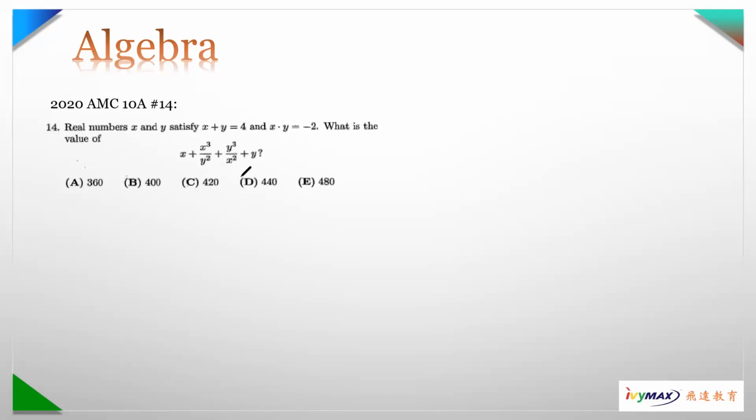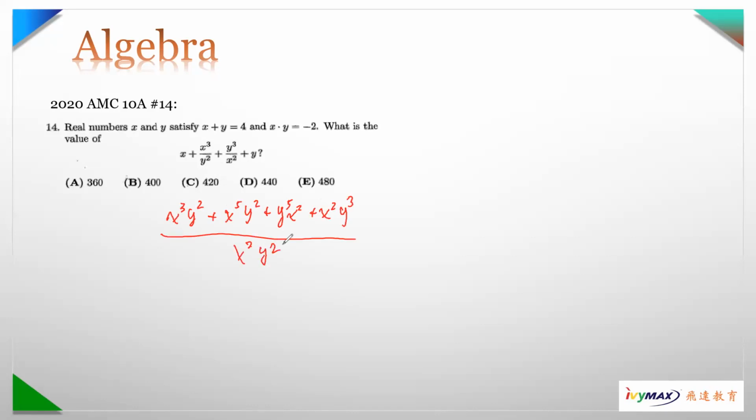In that way, I got x cubed y squared plus x to the power of five y squared plus y to the fifth x squared plus x squared y cubed over the common denominator.